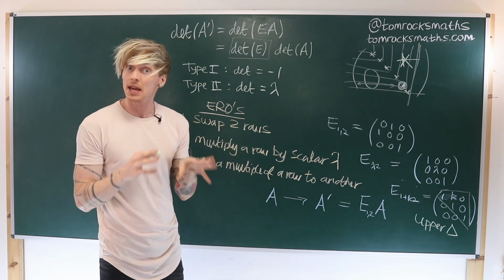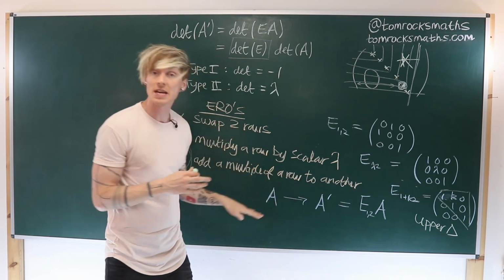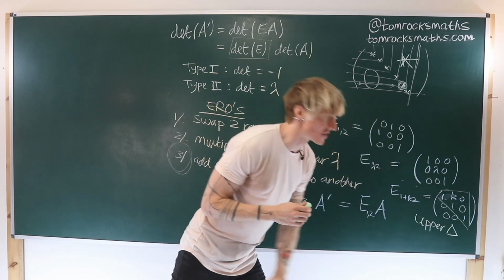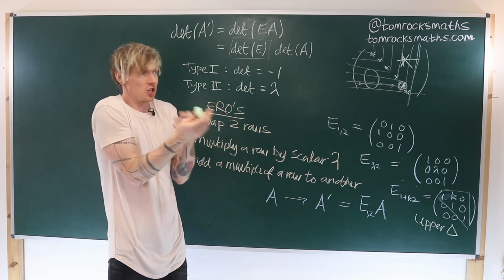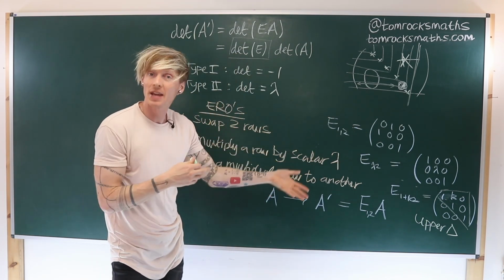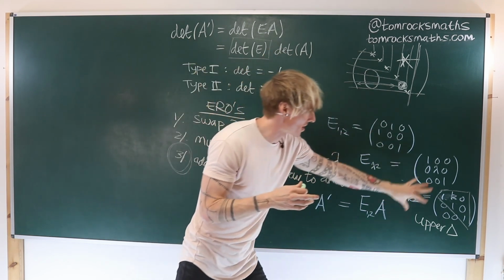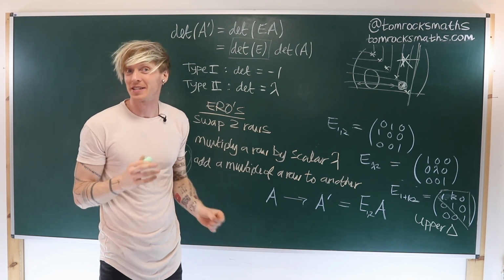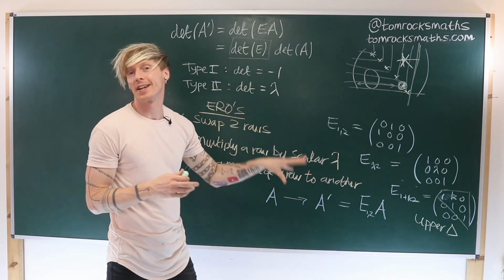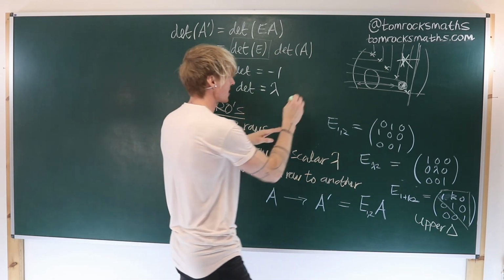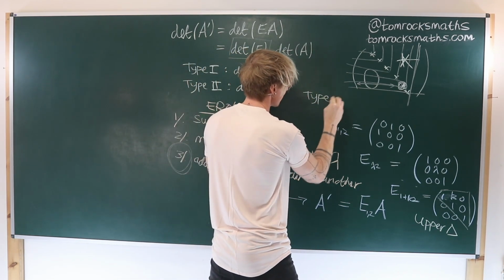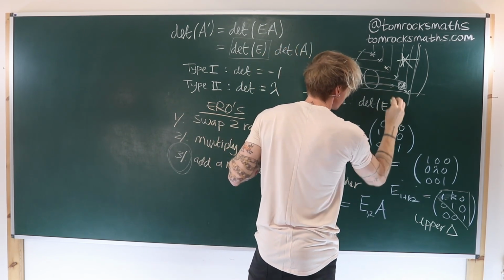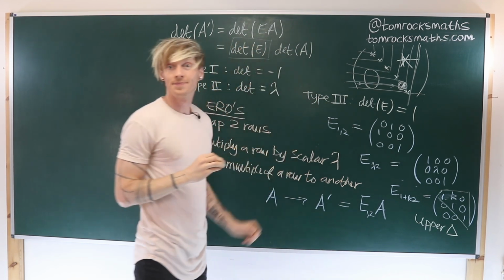So what this means in the context of our type 3 elementary matrix, where we have 1s down the main diagonal and some other entry, we don't care where it is, the determinant of this third type of elementary matrix is always going to be 1 because it's a triangular matrix. So for type 3, we can in fact say the determinant of E is always equal to 1.